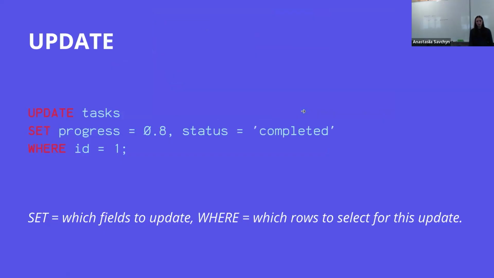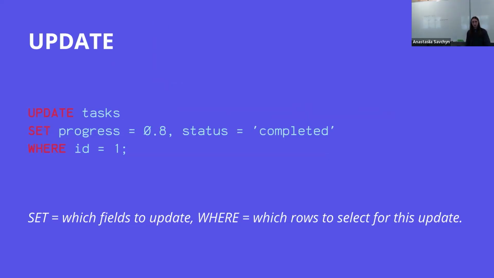So let's go back. The next thing is update. The same way as you can insert new data, you can update an existing row. But you have to know which row you are updating. So that is the syntax of the query. You have to specify the table that you want to touch. Then set is what you want to change.